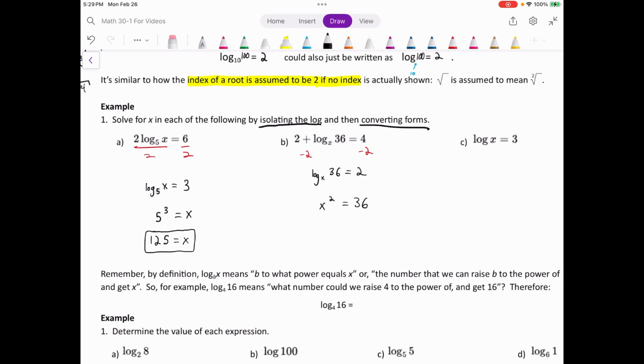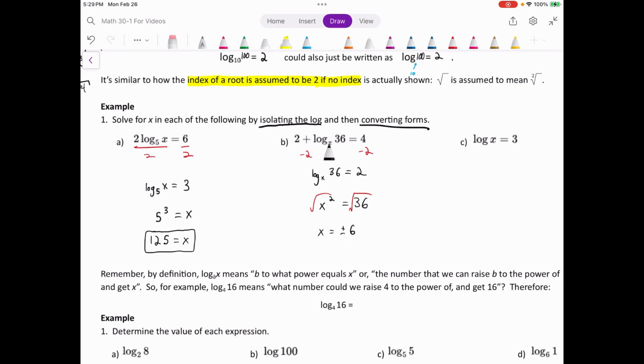I mean, we could square root both sides now to solve for what x actually is. And you wouldn't be wrong to say, okay, if x squared is 36, then x could be plus or minus 6, right? The square root of 36 is 6 or negative 6, because 6 squared is 36, but so is negative 6 squared. However, don't forget something, okay?